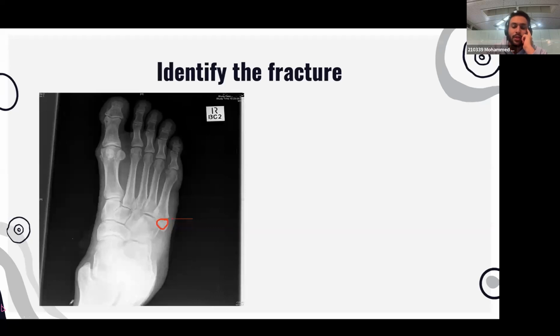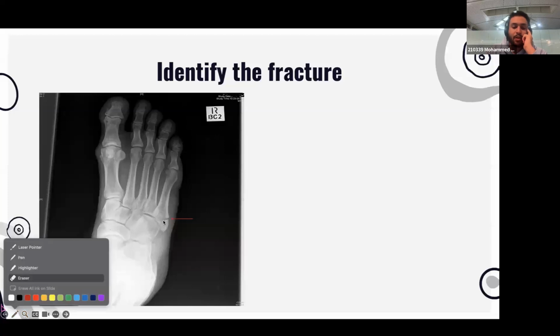To tell them apart, for example, this one, you can see that the entire part of the bone is getting off. There's a line going through the entire bone. And transverse, it's not usually going all the way for this one, and it's usually affecting these small little bones. Okay.